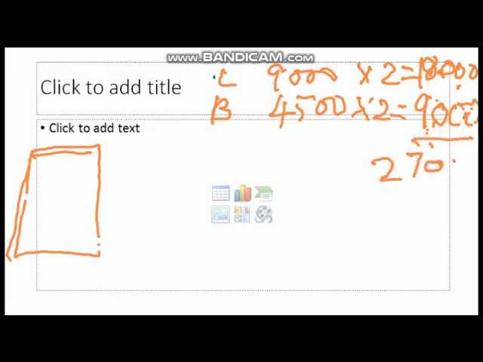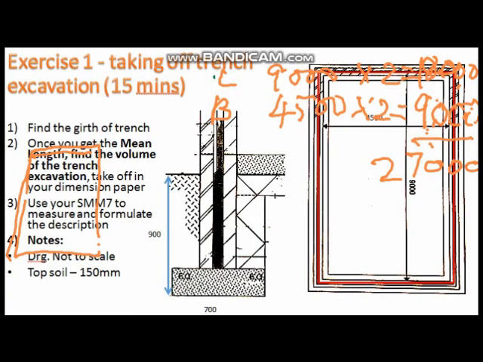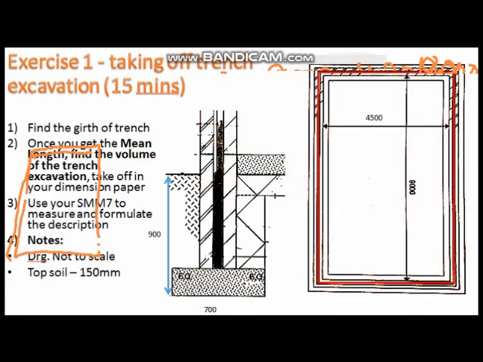Okay, you will get 27000 mm. So what is meant by that, when you refer back to this, the perimeter here is 27000. So what you really want is the mean perimeter in the middle of this.